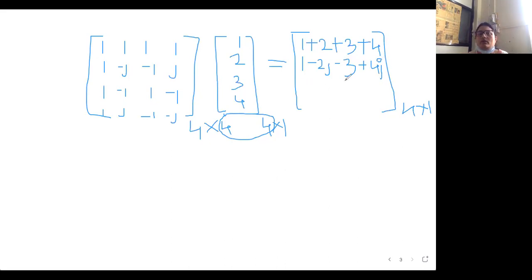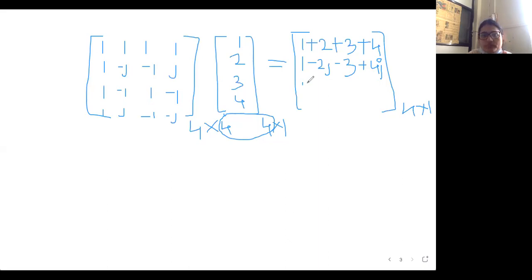Tell me here, for the third row element, if I want to calculate, what should I do? This third row gets multiplied by the first column. So what will 1 be, right?